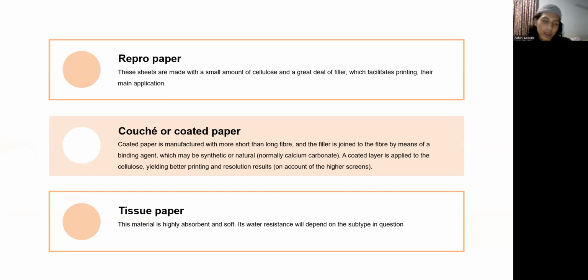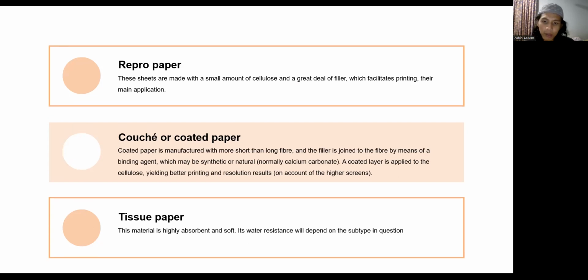Essentially, this paper is for our daily use, for example, A4 paper or A3 paper. These sheets are made with a small amount of cellulose and a great deal of filler, which facilitates printing, their main application. Repro paper can also be called offset or printing paper.